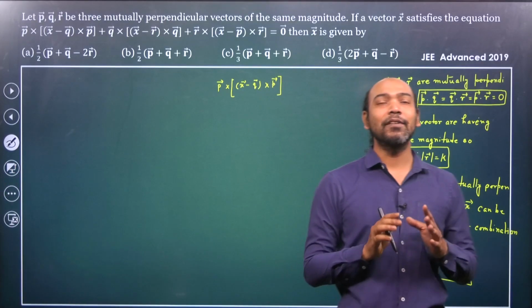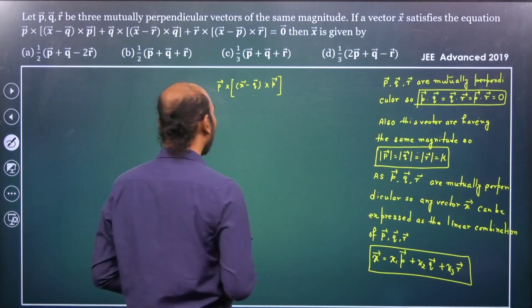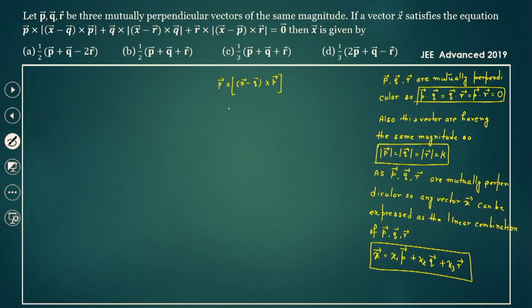It's a vector triple product, not a scalar one. So apply that formula. If we rewrite that, you'll get P dot P multiplied by the vector X minus Q, minus P dot the vector X minus Q, multiplied by the vector P. That's the formula.